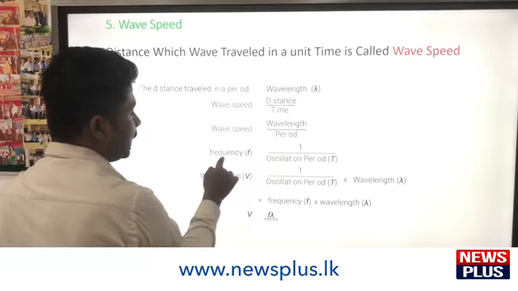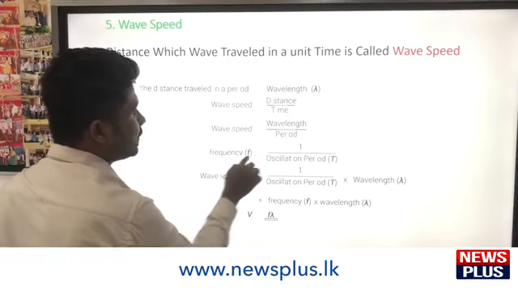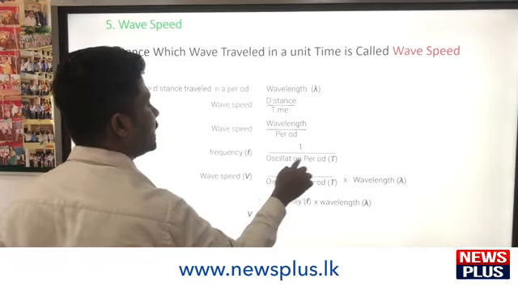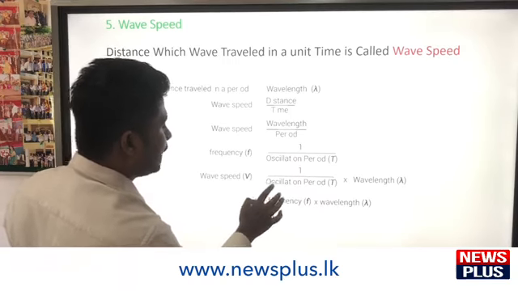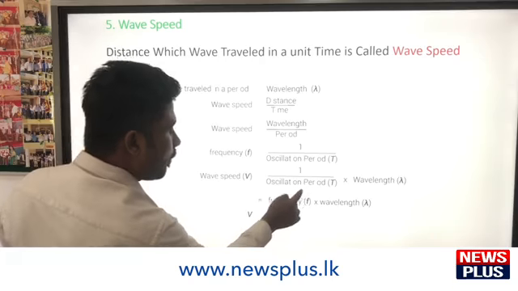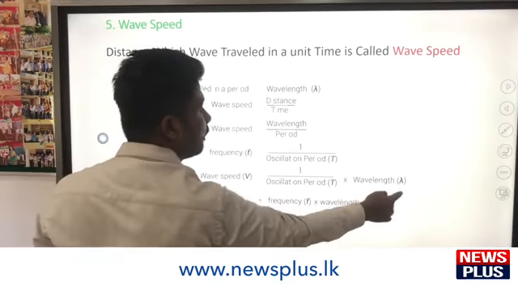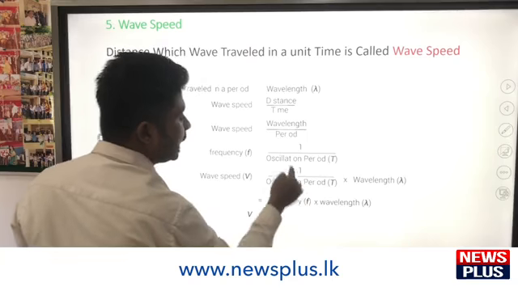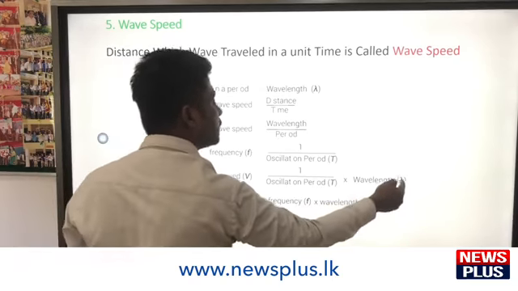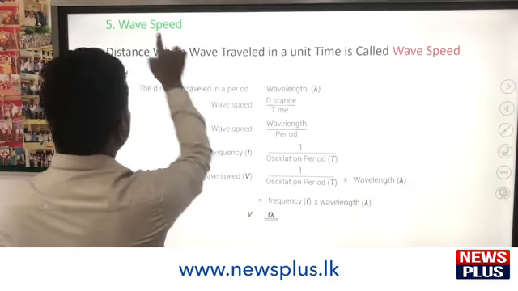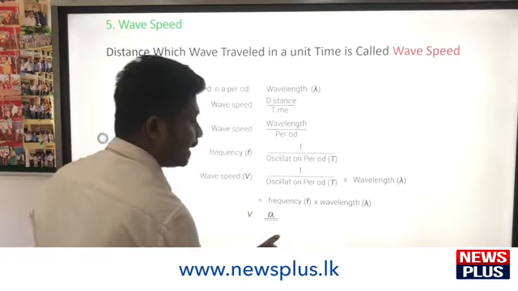And if you take another equation we looked at earlier, frequency is equal to 1 over oscillation time. So wave speed is equal to 1 over T into wavelength. For 1 over T we can put f, and for wavelength that is lambda. So wave speed v is equal to f lambda.